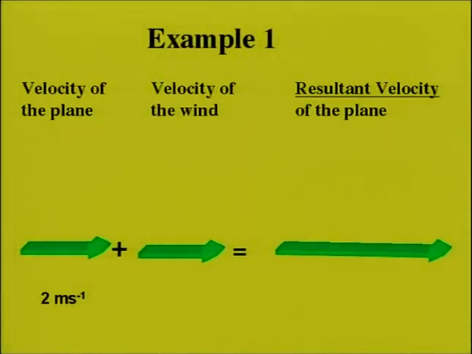In other words, the wind is also supporting the plane to travel. That is another 2 meters per second for the velocity of the wind. The resultant will be 4 meters per second.